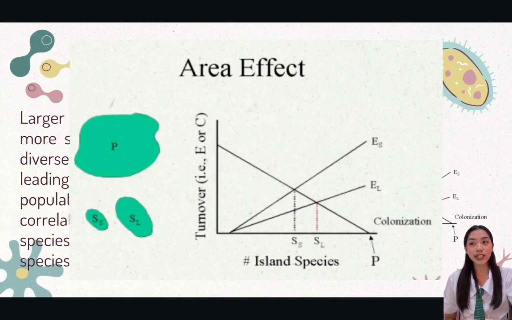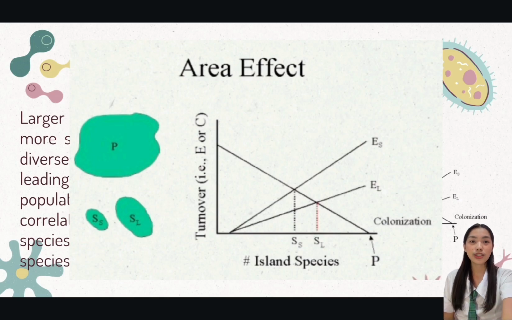While yung larger islands naman represents the EL, ito naman yung merong mababang extinction rate because they can support larger and more stable populations and offer a wide variety of ecological niches. So, ang outcome nito, the equilibrium outcome is the point where the colonization line intersects the extinction line.